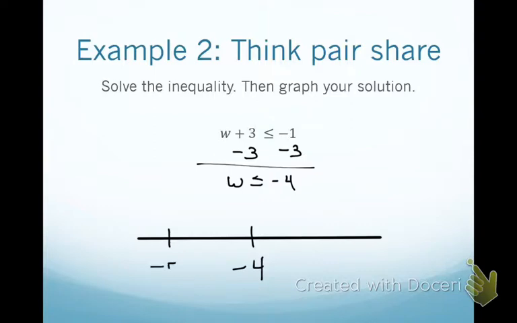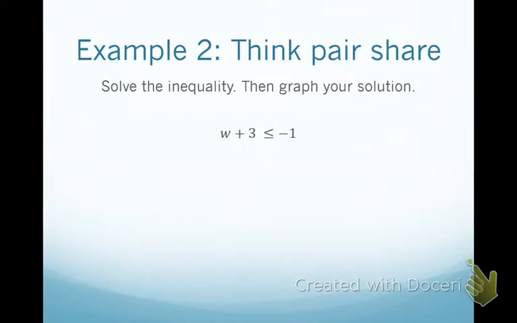Hopefully you're thinking -5, that's correct, and -3 on the other side. Open or closed dot on -4? It's a closed dot because we have the equal to bar underneath the symbol. So less than would be going to the left. Hopefully you got that one right.